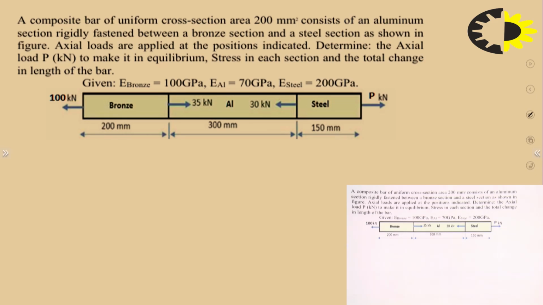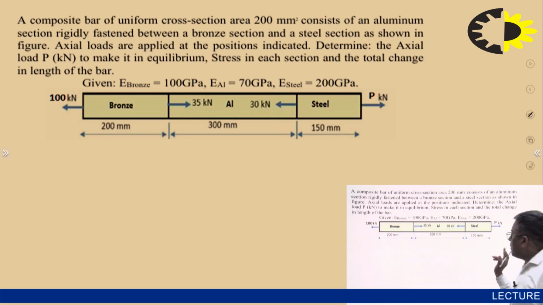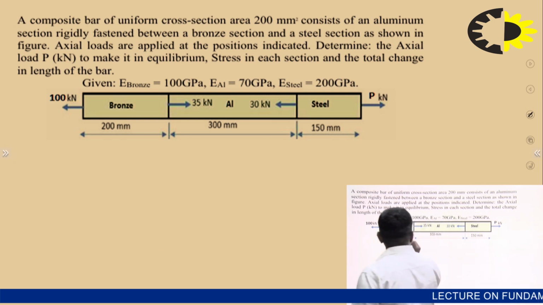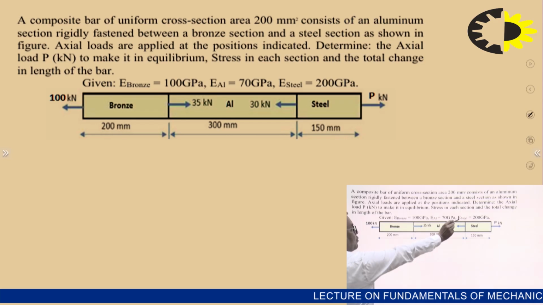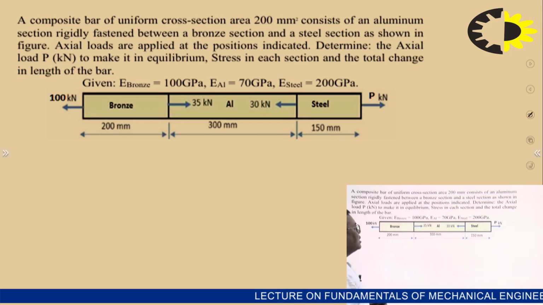Determine the axial load P to make it in equilibrium, the stress in each section, and the total length of the bar. Okay. Other type of question I am taking here. Why are we calling it a composite bar? Composite bar we are calling because it is made up of bronze, aluminium, and steel. So modulus of elasticity for different materials are given here.